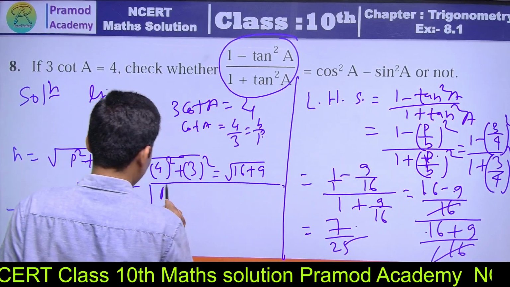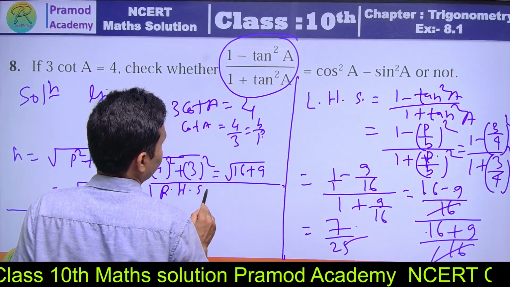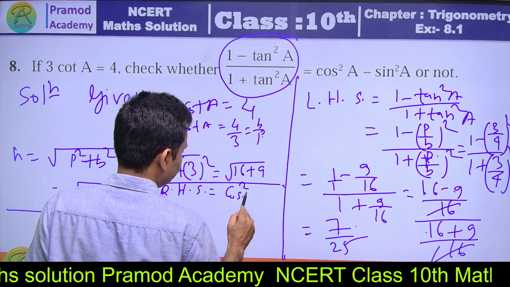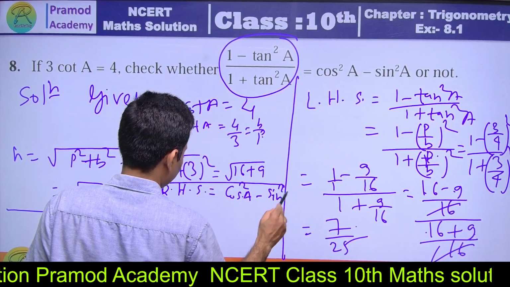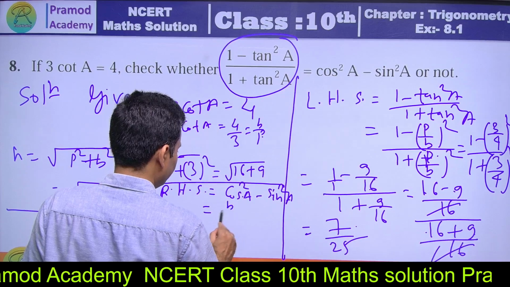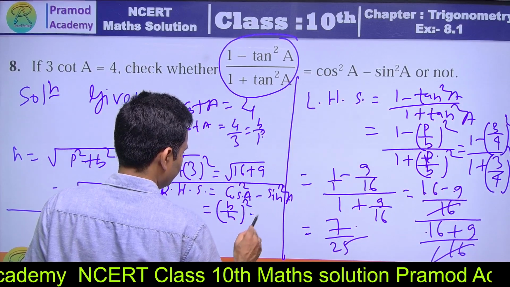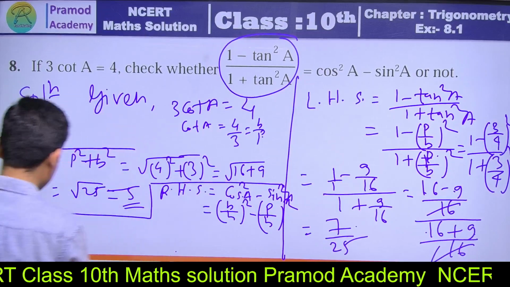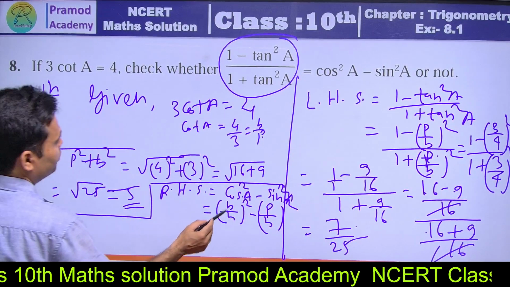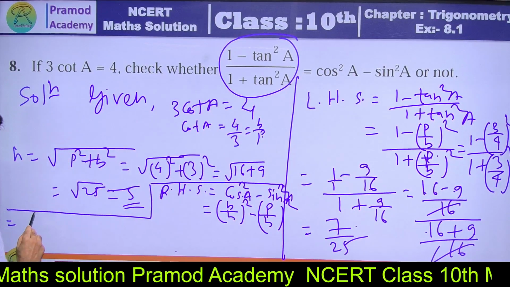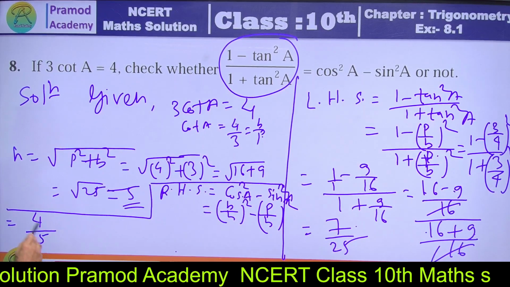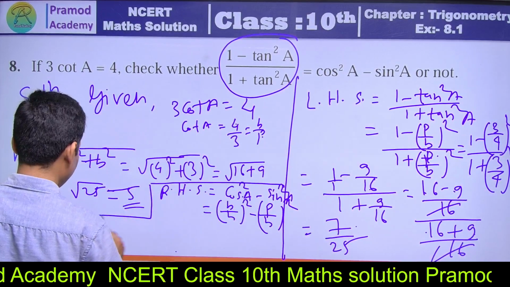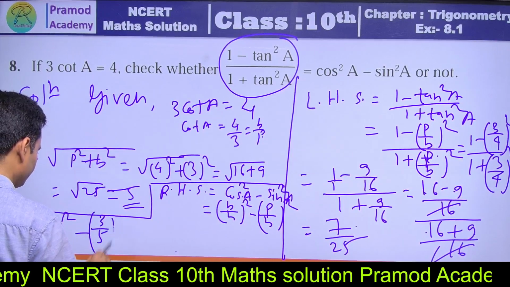So RHS is cos square A minus sin square A. So b by h whole square minus p by h whole square. What is the value of b? The value of b is 4. The value of h is 5. 4 by 5 square minus p by h. So 3 by 5 whole square.